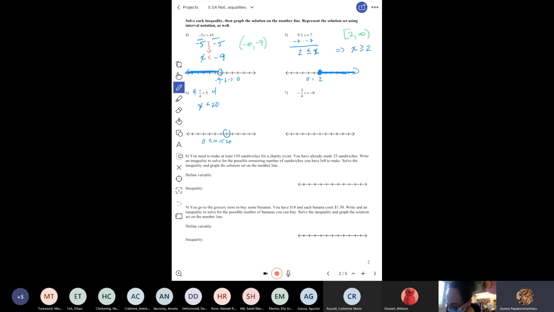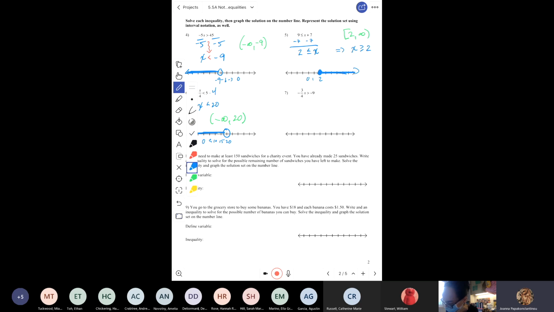Open and shading which direction? To the left. And the interval that corresponds to this would be what? Beautiful. Open parenthesis, close parenthesis. Yes, an open interval.